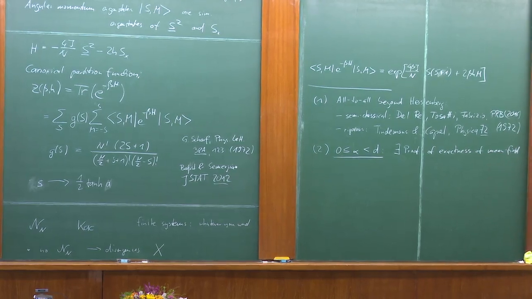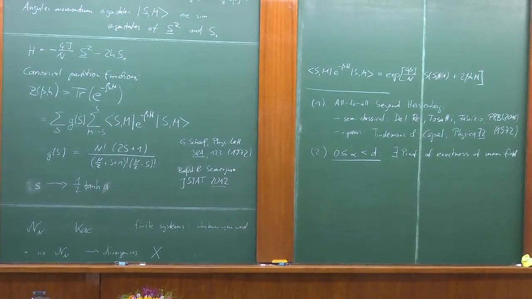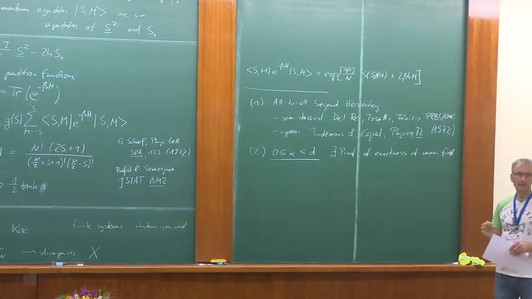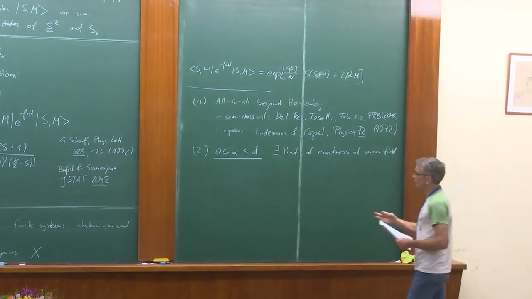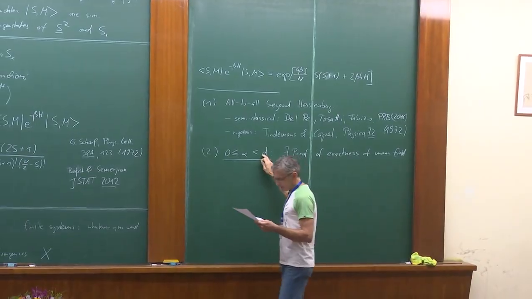Which I think is also a remarkable thing to observe, that there is a whole range of values of alpha where mean field gives you the exact solution, and it goes up to the dimension of the lattice that we're considering, D.